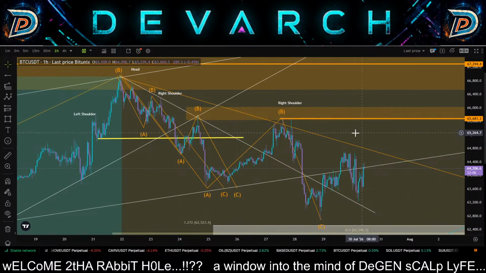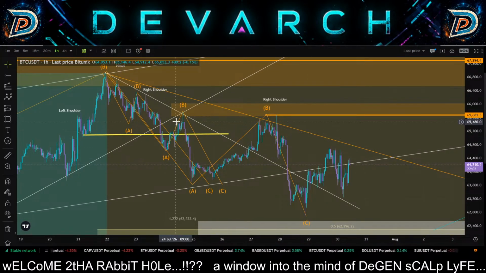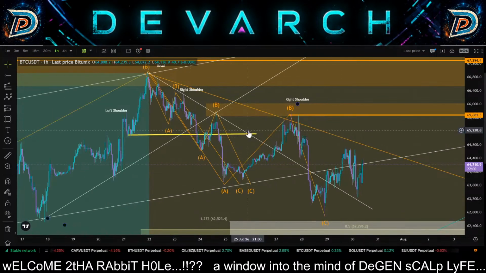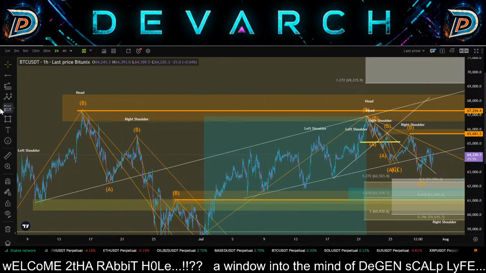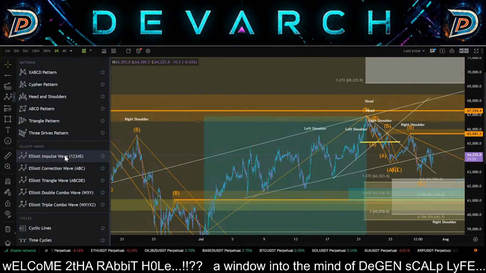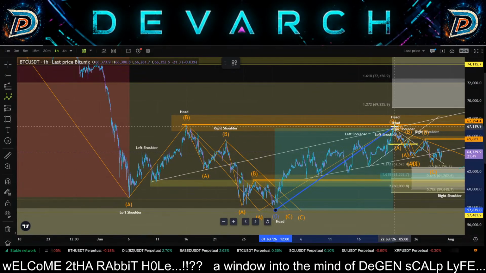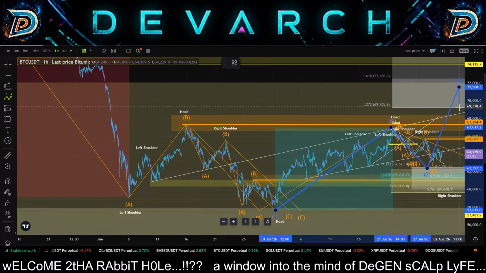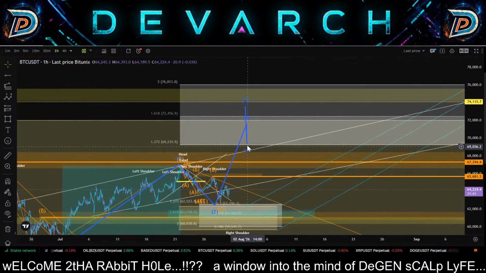So we're in that corrective wave. We're in the wave 2 impulse. And I could even show you, let's put back on the Elliott wave impulse, just so you guys can understand where we are within the wave.